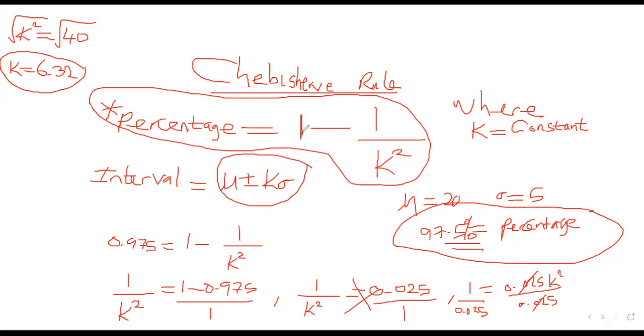So an examiner will give you the percentage, to say find the interval that will give us a percentage of 97.5%. So where there's a percentage here, we substituted. This is where this one came from. Then 97.5 divided by 100, we are getting 0.975. You've seen it?